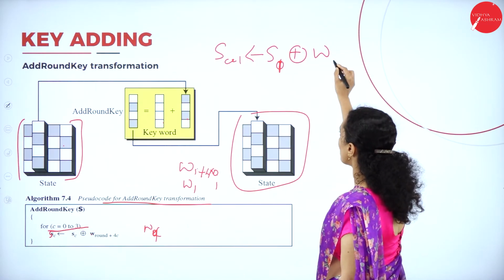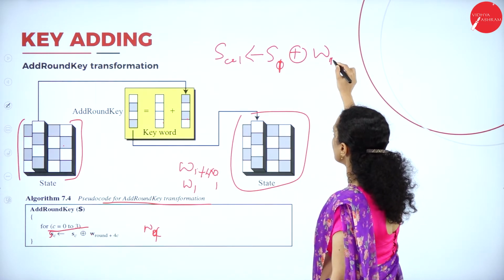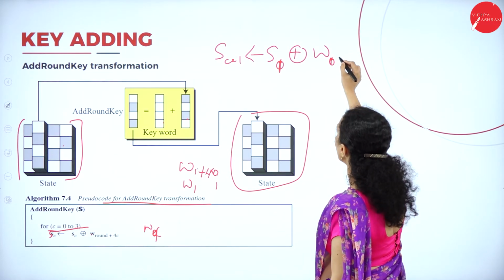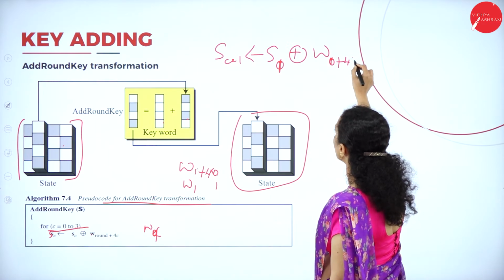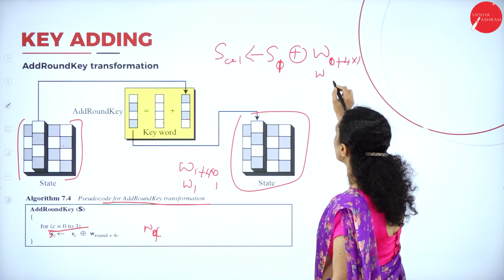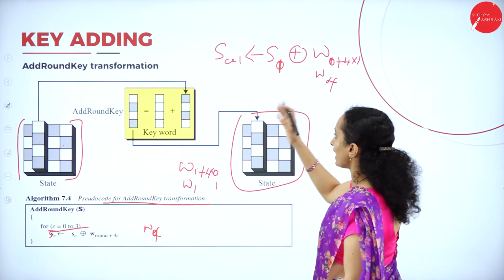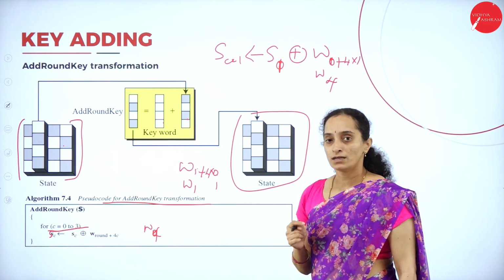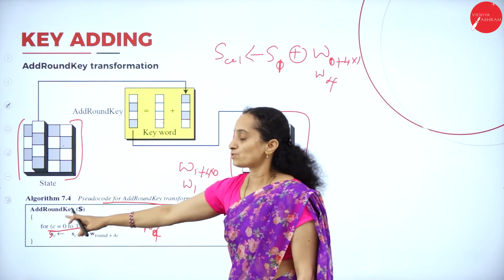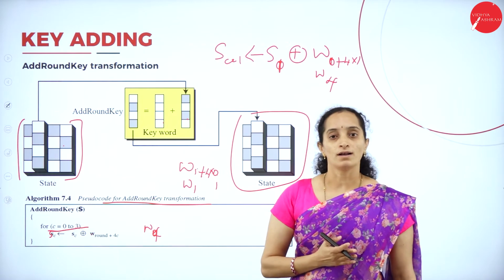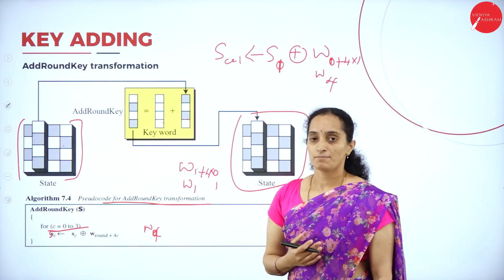If it is the first round, 0 plus 4 into 1, which gives W4. Word 4 is added to the corresponding column. Based on the pseudocode, each word is added to the column in the state matrix.